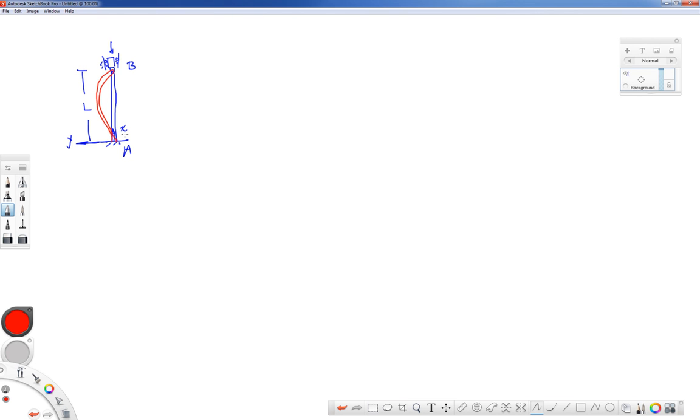So we have maybe some kind of shape like that. Let me draw this free body diagram out here separately. Again, I'm just trying to schematically show this. I'm exaggerating it a little bit here.